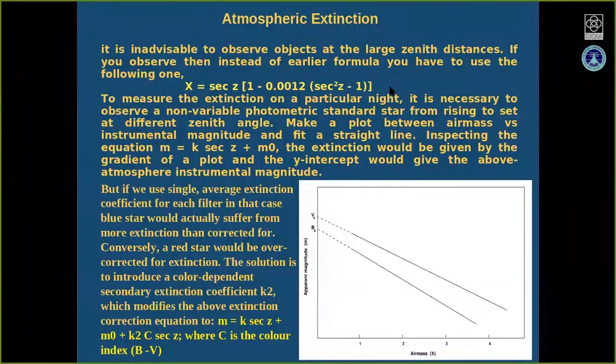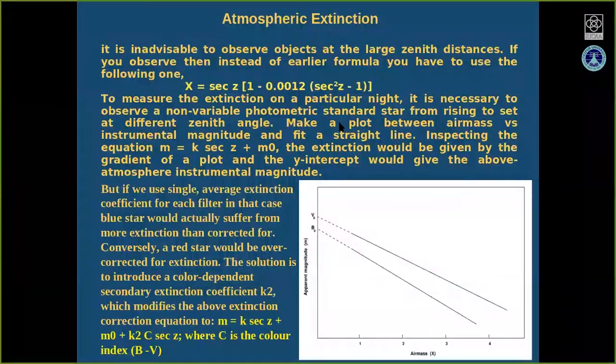Okay, so we have to observe that kind of photometric standard star starting from east to west, from rising to set. Okay, so now what you have to do, after a certain interval you will be getting the instrumental magnitude of that star as a function of air mass.